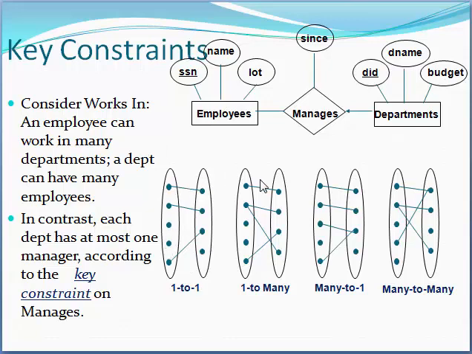So you can see in this diagram the relation between these entities, or relation between these employees and departments. One to one, one to many, many to one, and many to many. Students, these are the associations or these are the relations between these entities.